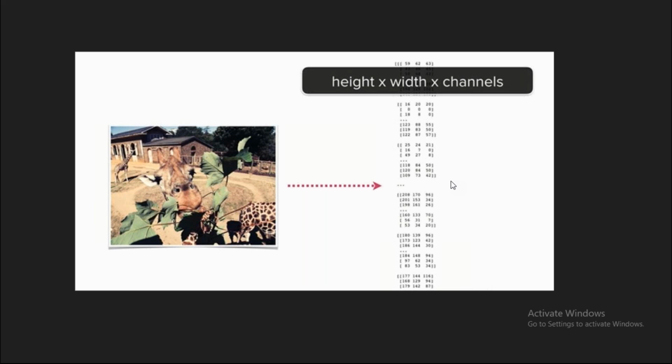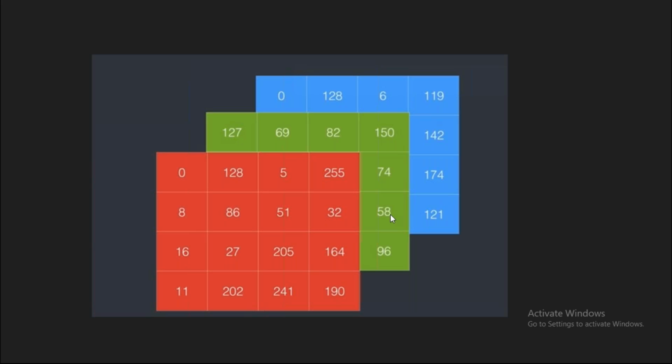So how is it going to look in mathematics? It's going to look just like an Excel sheet. The first layer is 256 cross 256, and 3 means it will be in 3 colors, 1, 2, 3, and each will have different values.